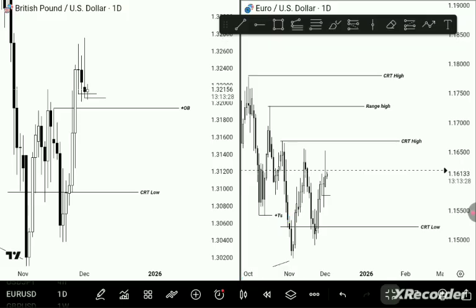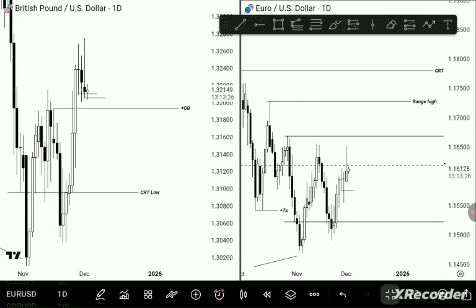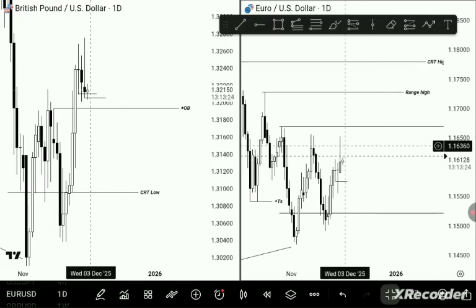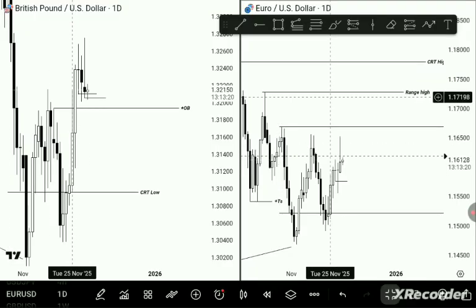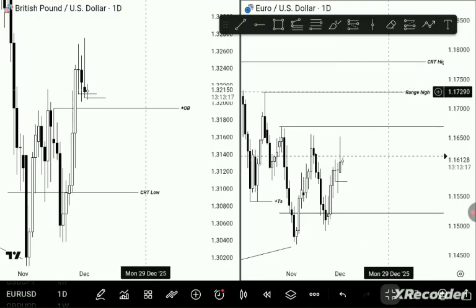So that means your draw on liquidity would be towards the 50%, which was already reached, and the opposite end. So that alone would tell you that price is quite bullish, right?